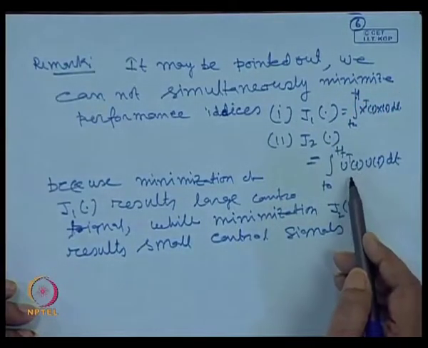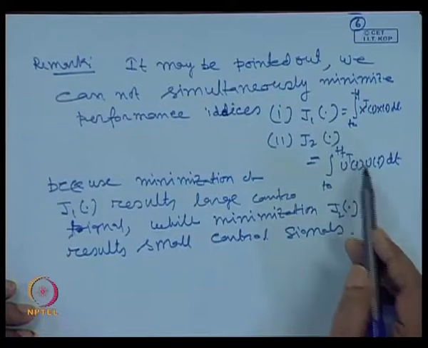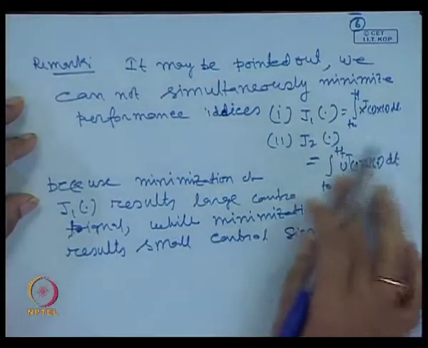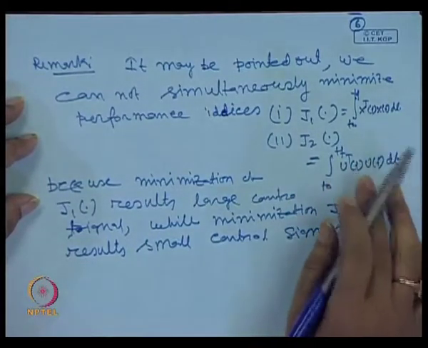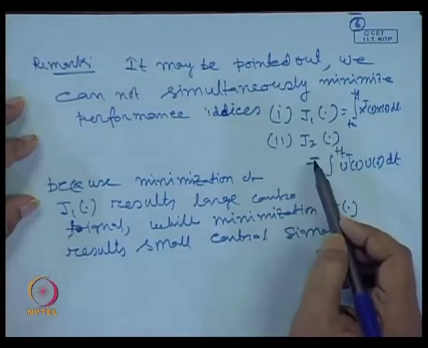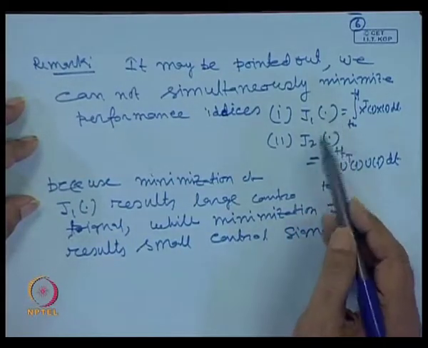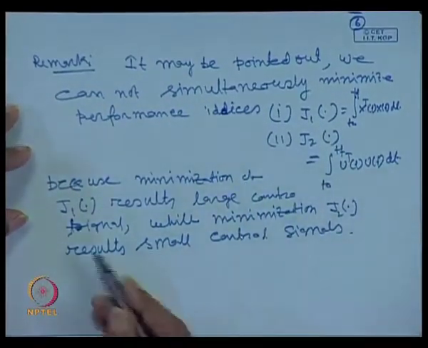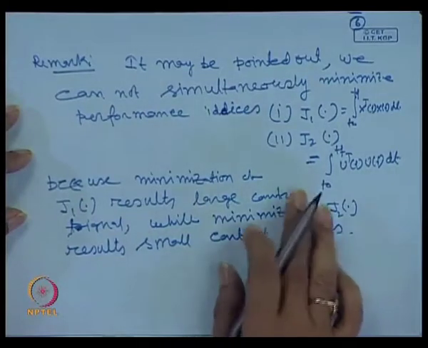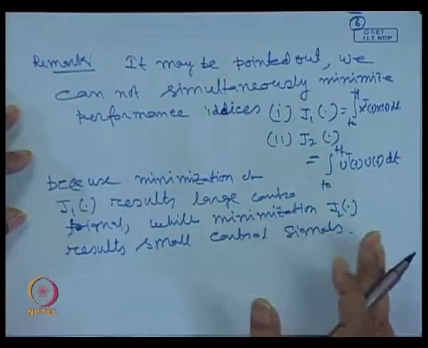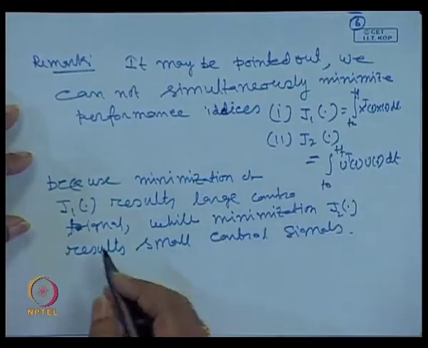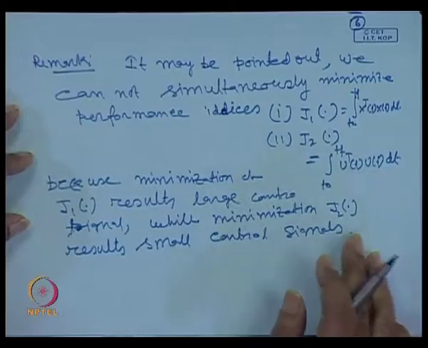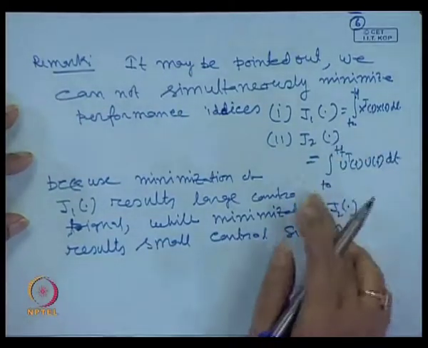When we are minimizing the second part, it results in a small control signal. So these two things we cannot minimize simultaneously, because they contradict one another. To resolve this dilemma we have to make some compromise. That compromise can be made by using a convex combination of these two performance indices.